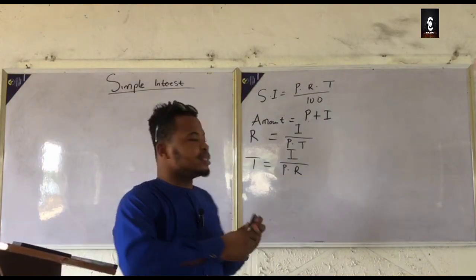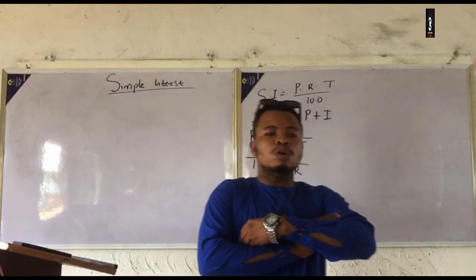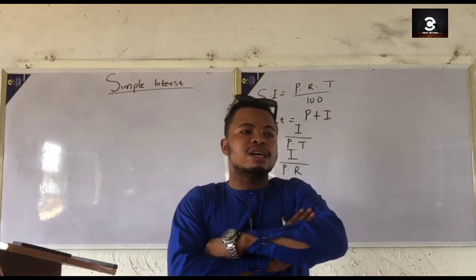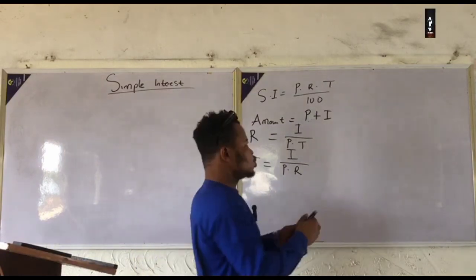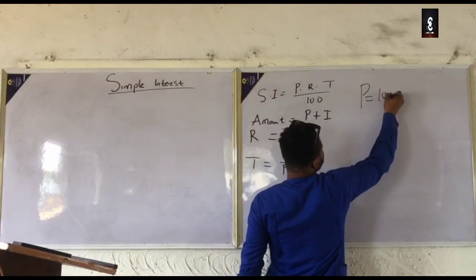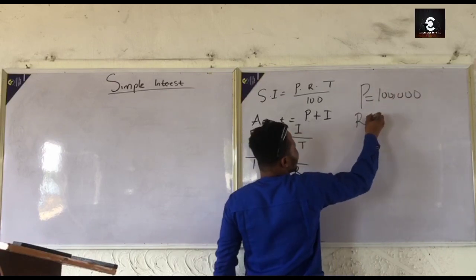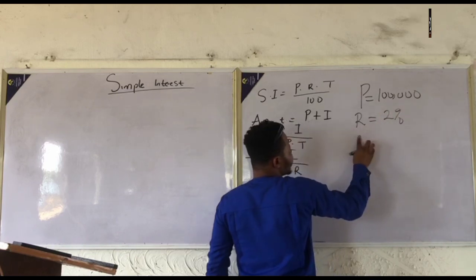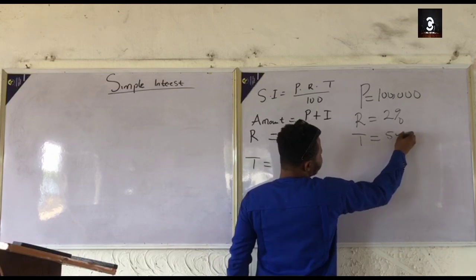The question says a trader borrowed 100,000. The amount you're borrowing is called the principal. So if I'm borrowing 100,000, 50,000 or 20,000, that sum is called the principal. From this, the principal is 100,000 naira. This person is borrowing the sum at the rate of 2%, and the number of years, which is our time period, is 5 years.